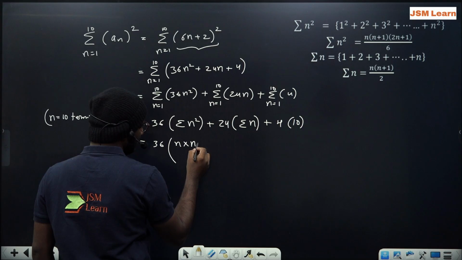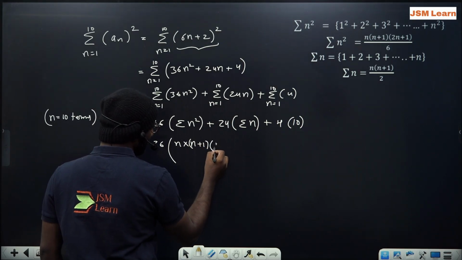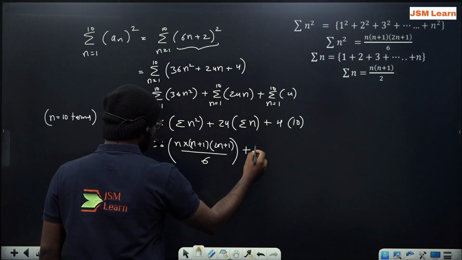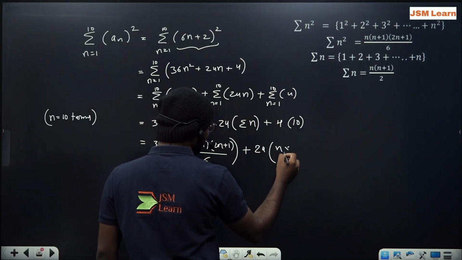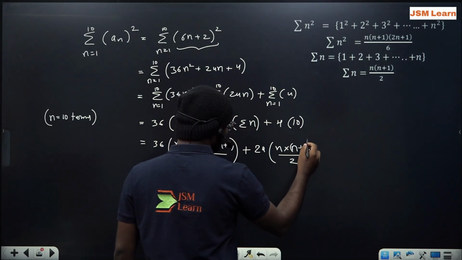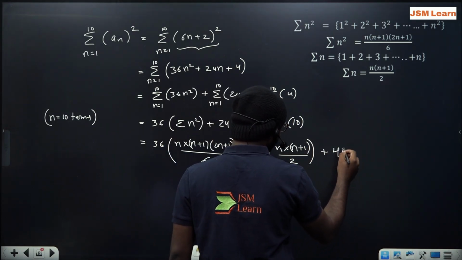36 times n into (n plus 1) into (2n plus 1) by 6 plus 24 times n into (n plus 1) by 2 plus 40.